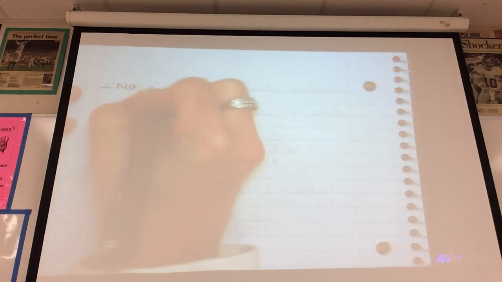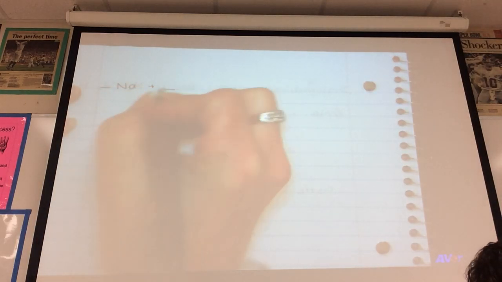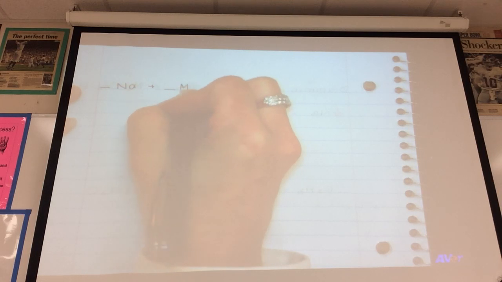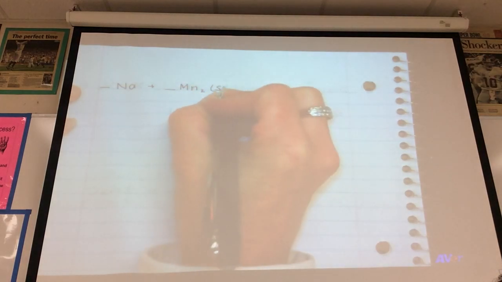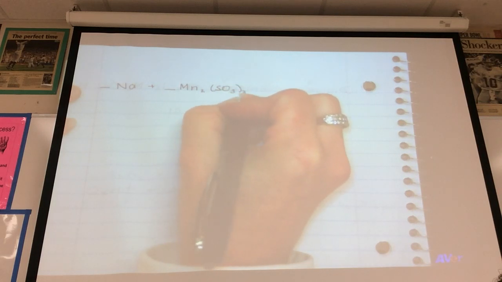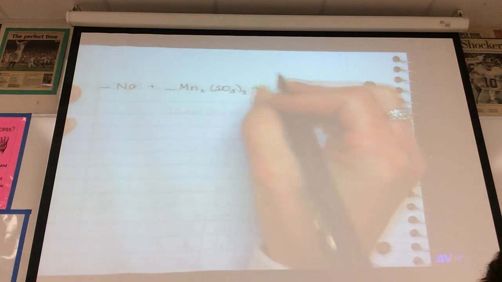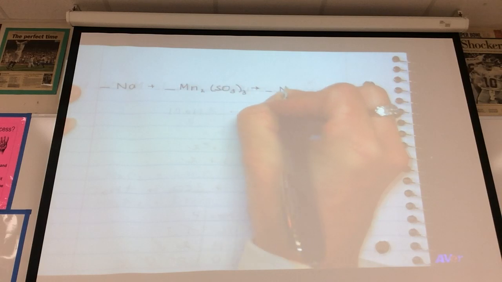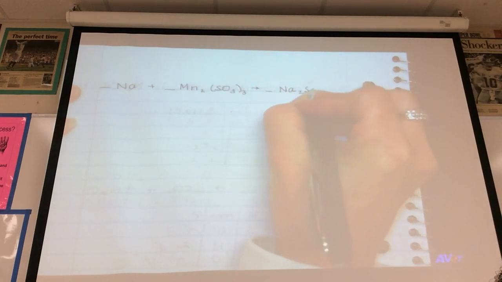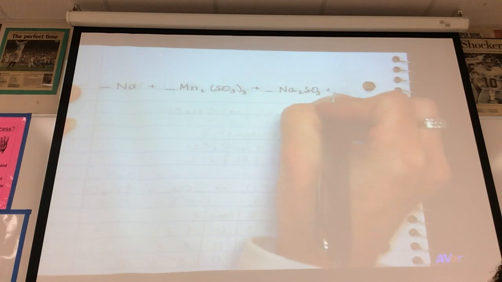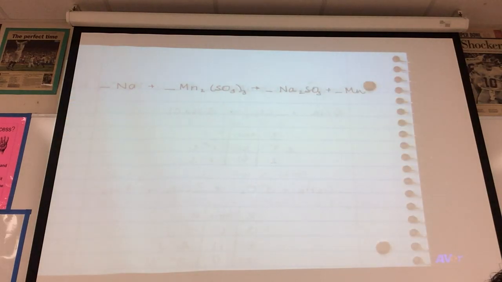We've got sodium reacting with manganese 3 sulfite, forming sodium sulfite and manganese. And you'll learn later in the week that this is a single replacement reaction.